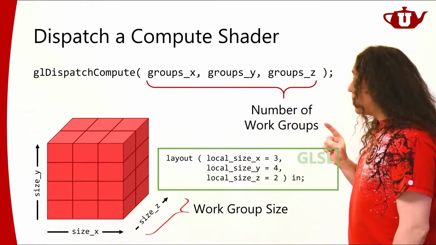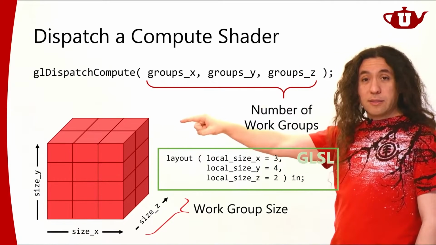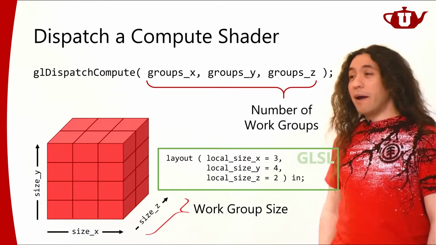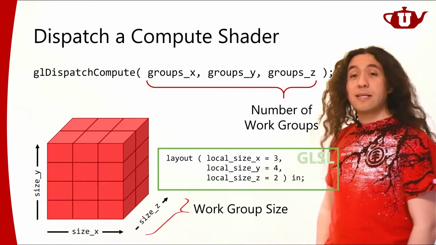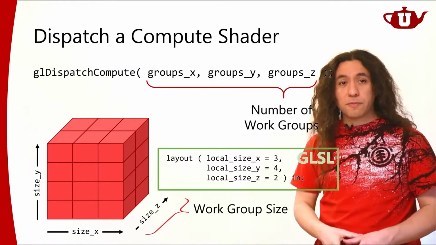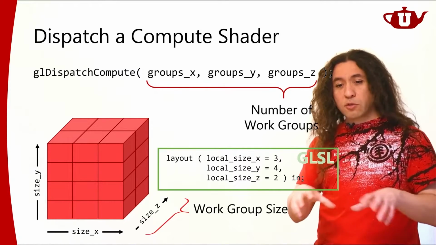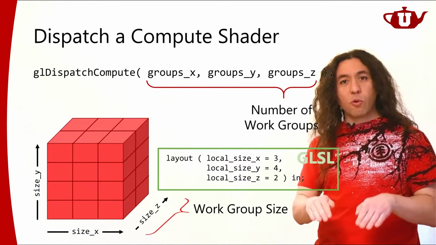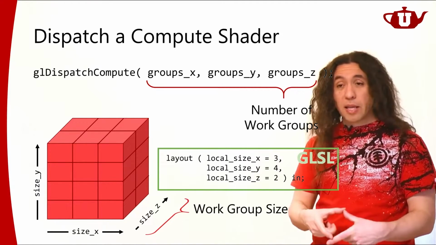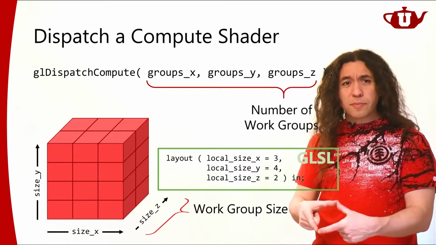Now I said 24 is not great, because oftentimes we're not going to have 24 threads in a warp on the GPU. GPU cores are structured such that a certain number of cores are placed in a group that NVIDIA calls warps.